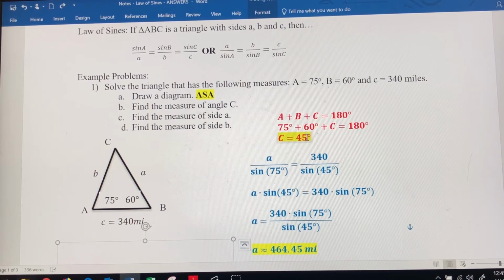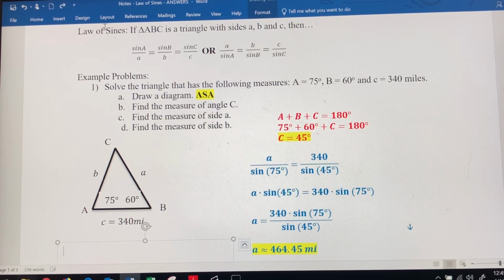Angle C was found with a very basic calculation. I'm less likely to be wrong about this 45 degrees than I am to be wrong about this 464.45 miles. So I want to stay away from A because I found this value and there's the potential for a mistake to be made there. So we're going to use the ratios of B over sine B equal to C over sine C.